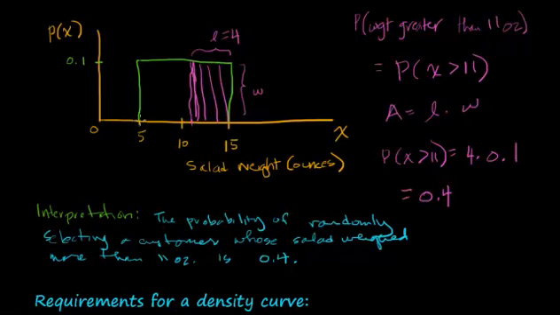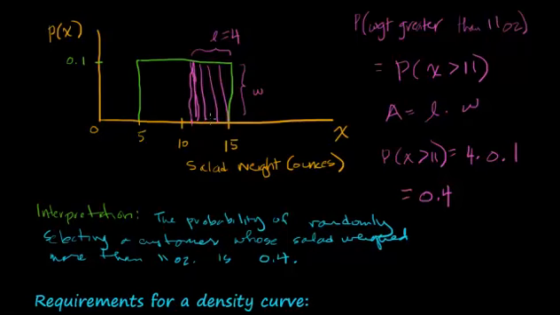If our values can be anywhere between 5 and 15, then exactly 11, not 11.01 or 11.02 or 10.99, but exactly 11.000 ounces, the chance of that occurring is so very, very small that when we deal with continuous probability distributions, we are not interested in the probability of an exact value for X. That exact value for 11 ounces is just infinitesimally small, and we wouldn't be interested in that.